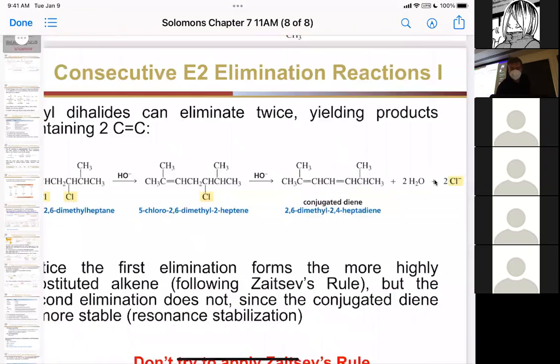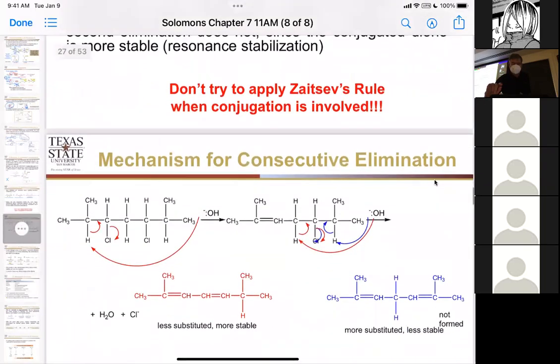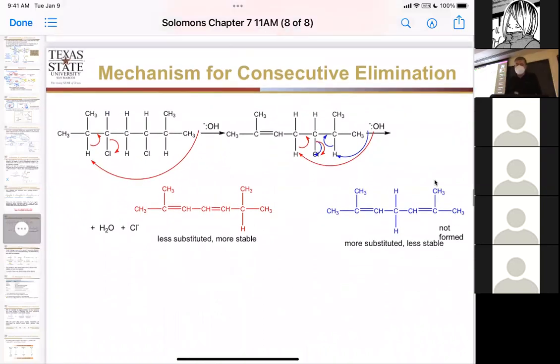If we look at the mechanism here, we can look at which alkene is going to be formed. The first one that we can remove is this one and this one, giving us our alkene. And so that's going to give us this portion here. Now we have 2 choices. We have the choice with the blue arrows here, where we can give it the most substituted, or we can do the red arrows here and do the one in conjugation.